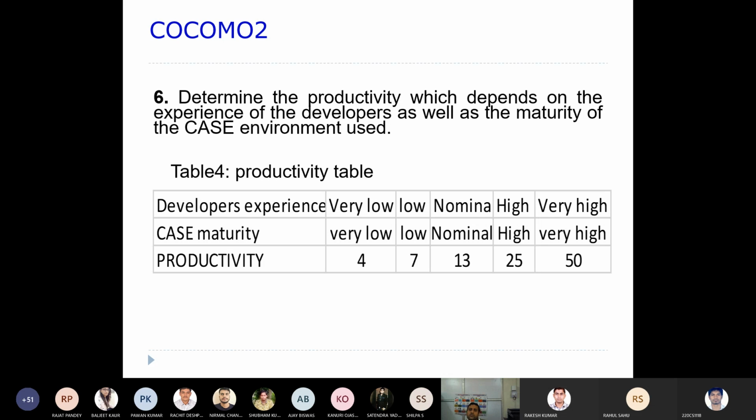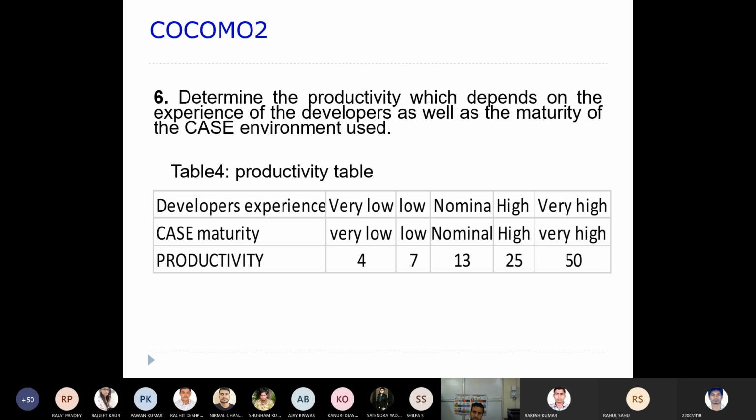Likewise, productivity increases or decreases based upon the experience the developers have, and whether they are using tools. Like the example I told you of an integrated development environment, IDE. One is writing using a simple notepad, the other is using some IDE, maybe NetBeans or Eclipse. You have seen, right?